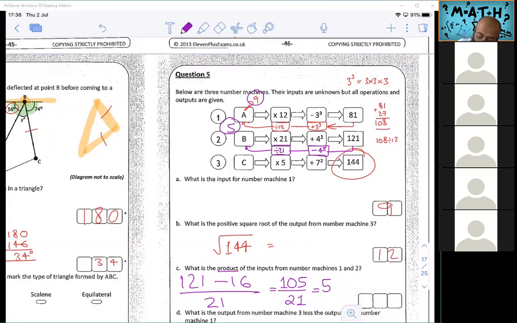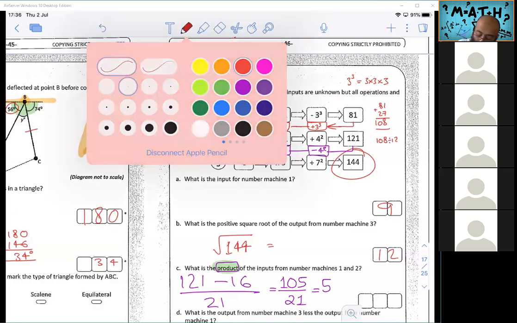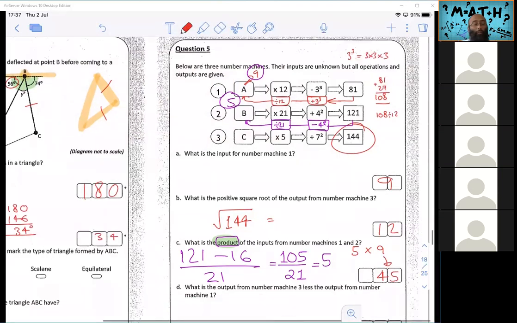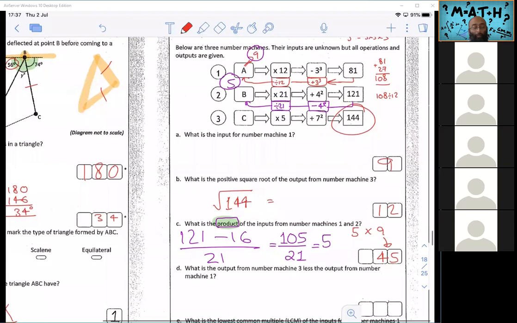I want to work out the product. What does the word product mean? Product is when you multiply. Beautiful answer there, well done, remembering the key words. So we got 5 from B and 9 from A. I have to multiply the product of the inputs, and that gives us an answer of 45. Well done.